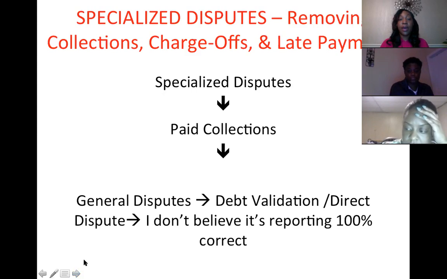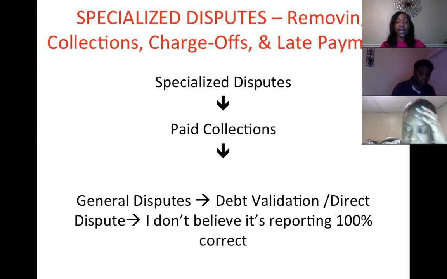Okay. Paid collections. Paid collections now, it's already paid. So what you have to do is let them know that you don't believe how they're reporting it is 100% correct. So you can't go by the early warning notice and all that other stuff because you already paid it, right? So you do your general dispute with the credit bureaus, you do your debt validation letter to the collection agency.